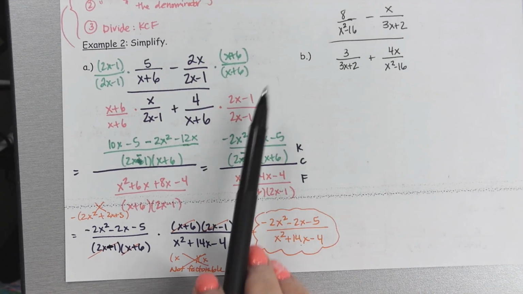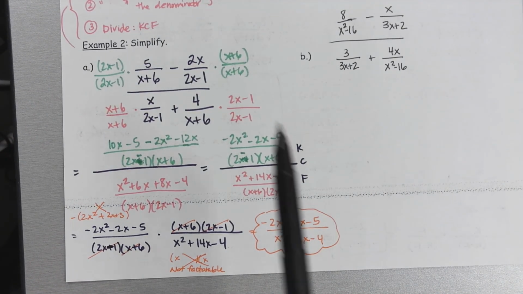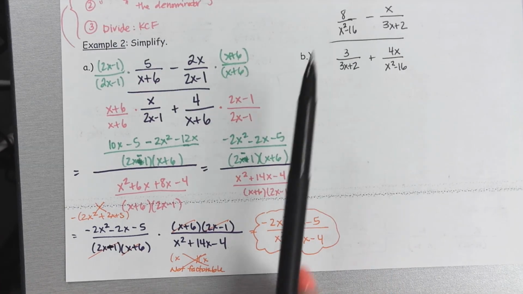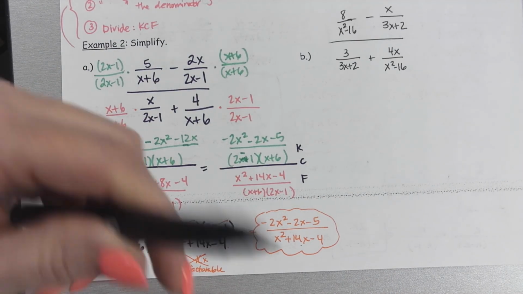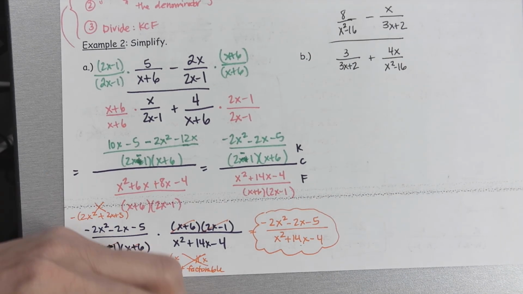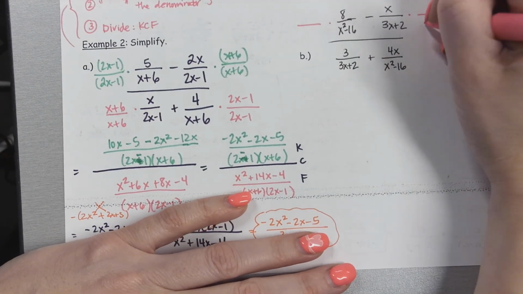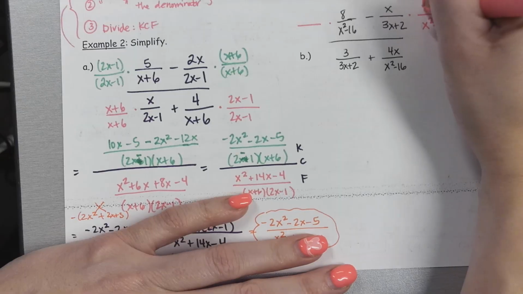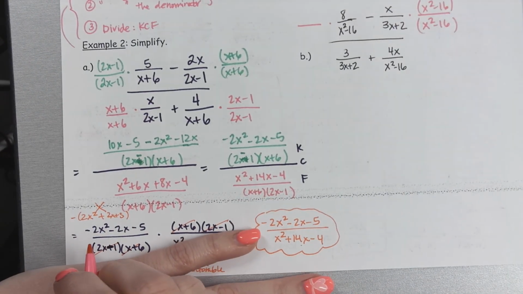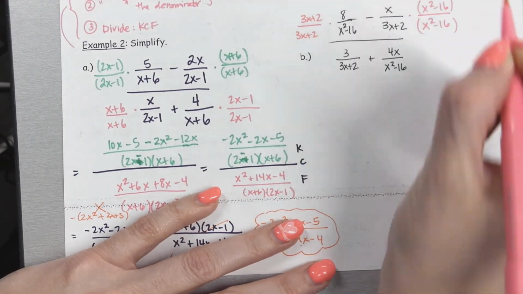So notice again that these two denominators are the same, these two denominators are the same. You don't need to worry about factoring this. It is x plus 4, x minus 4, and you could factor that if you wanted to. But when you multiply, you would have to distribute it anyway. Okay, so for this, if you want to keep it as x squared minus 16, you can. And then here we'd multiply by 3x plus 2 over 3x plus 2.